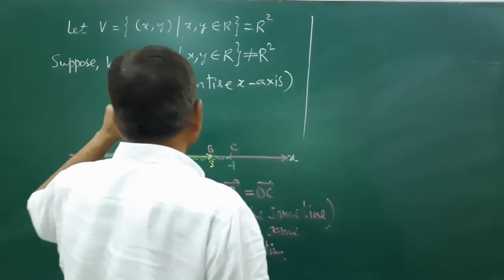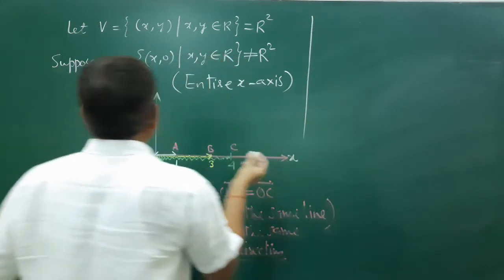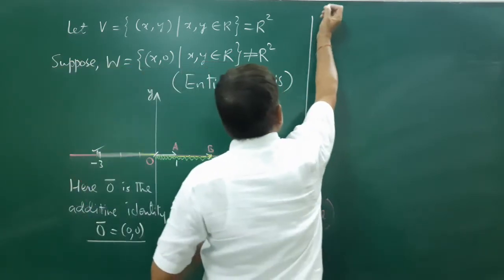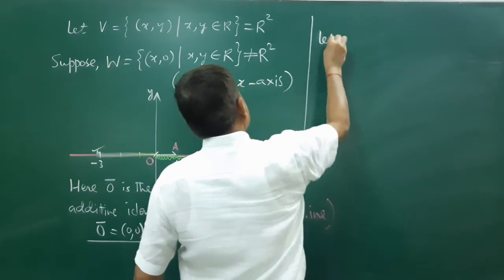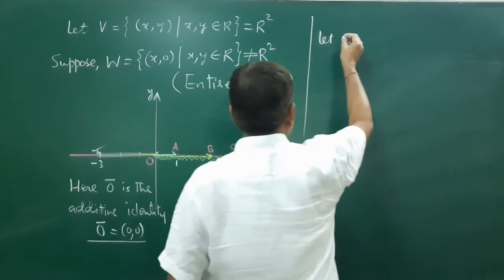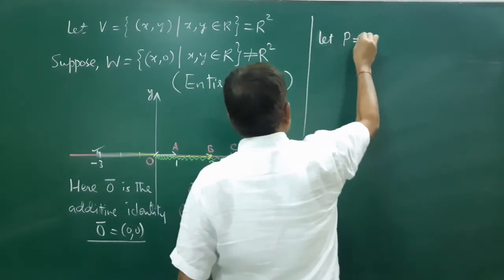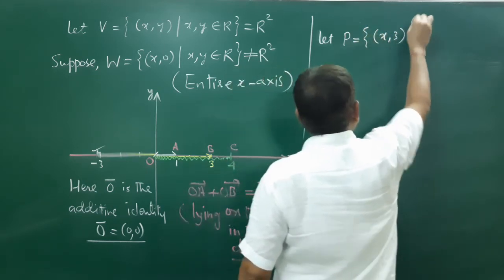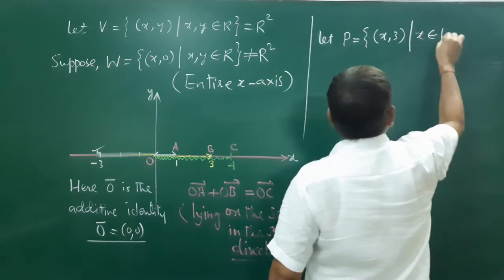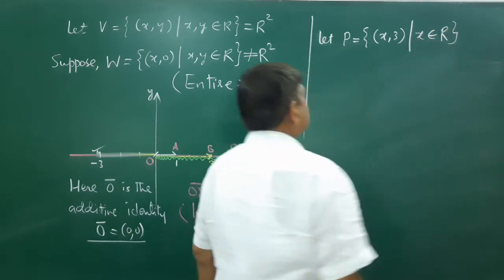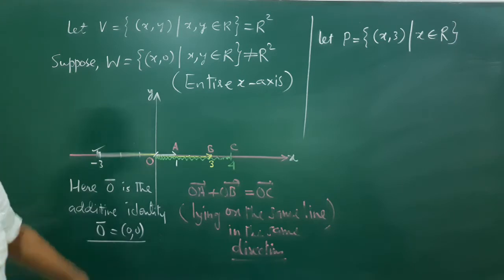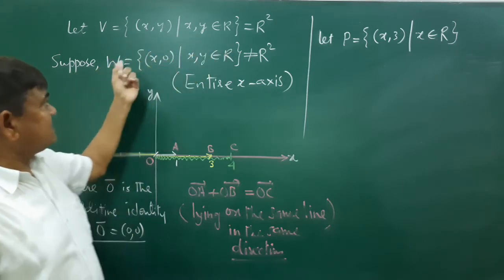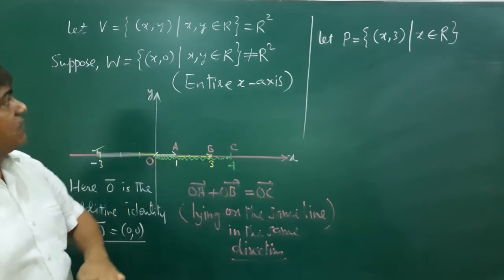Look at another example. Suppose let P equals to... This is the xy plane. This is a subset of this because it is x-axis. Your y coordinate is 0.